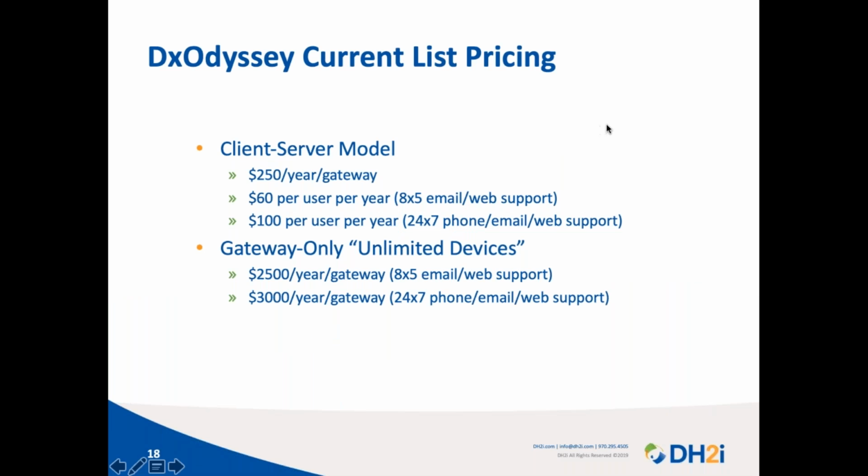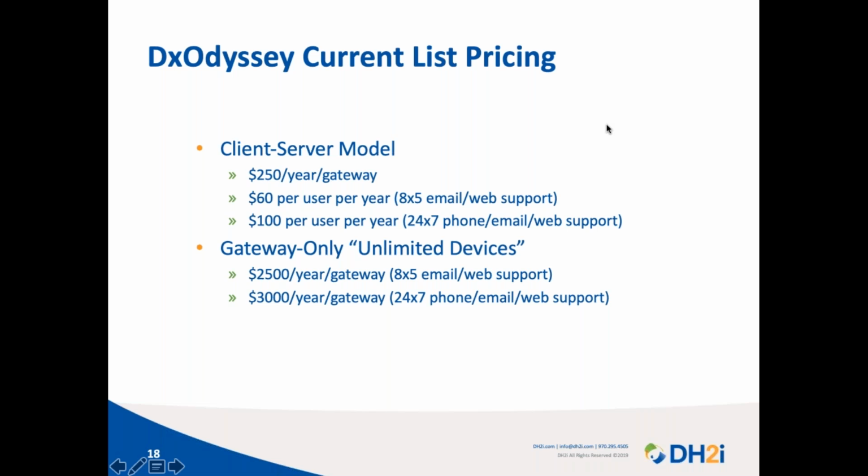All right, so you should be able to see my screen, but essentially what we have is two separate pricing models for the DX Odyssey. The first is essentially you pay for the gateways on a per gateway basis, and then each client that's accessing any gateways, any tunnels, would then also need to carry a license.